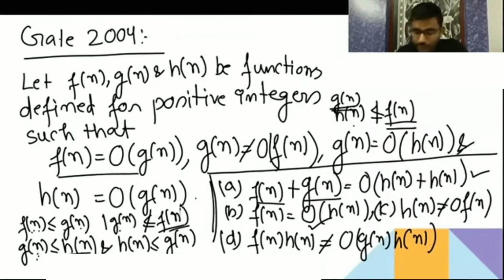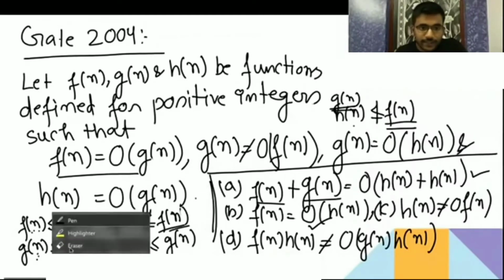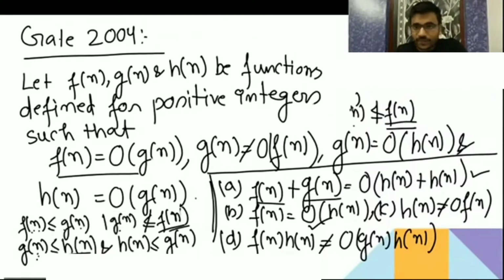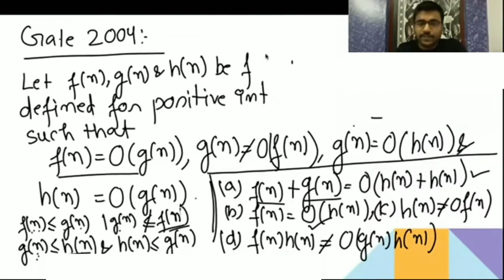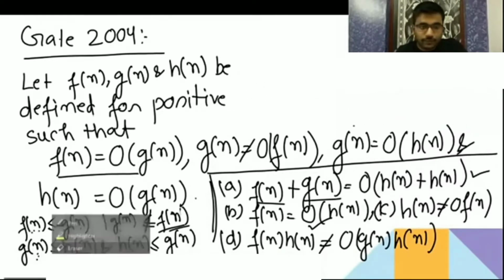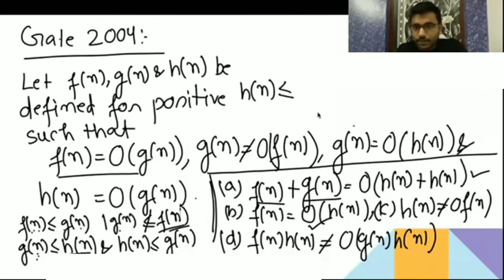See, where you get confused, I understood. This option C is saying, let me clear it. See, I am erasing this one so that I can explain here. If I remove the equal sign, then it is saying that Fn is not smaller than Hn. Understood?